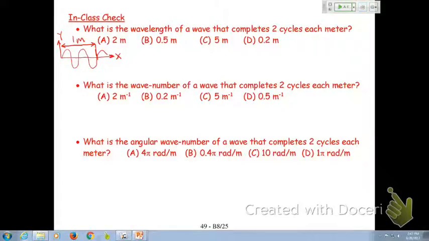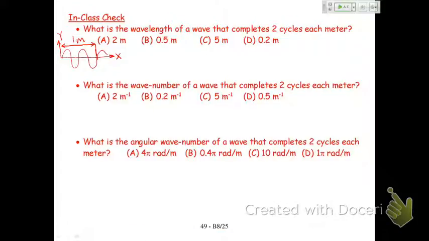But basically, your wavelength is the repeat, so it's from there to there. And if that's 1 meter, then lambda equals 0.5 meters.